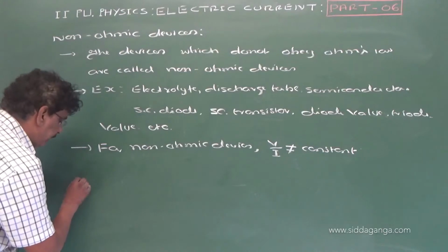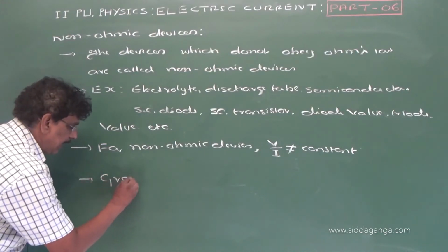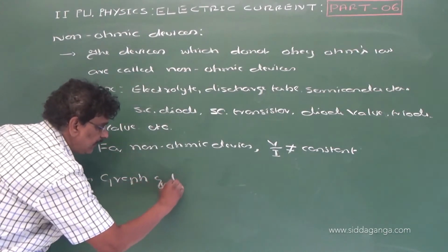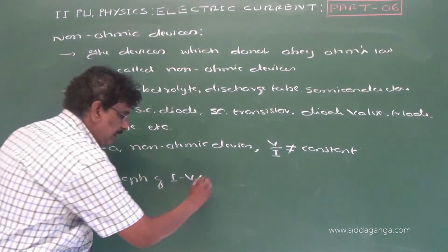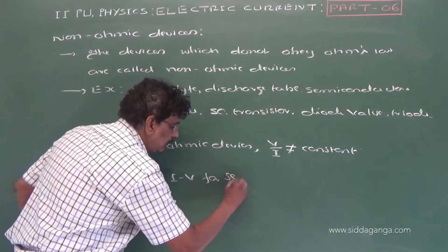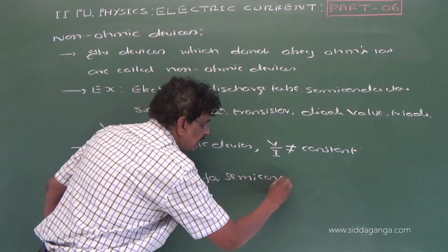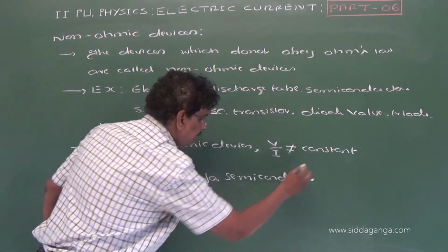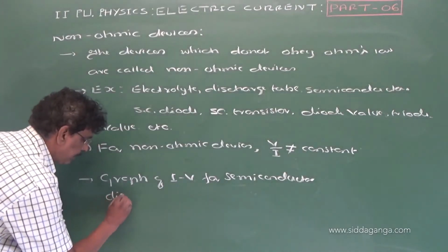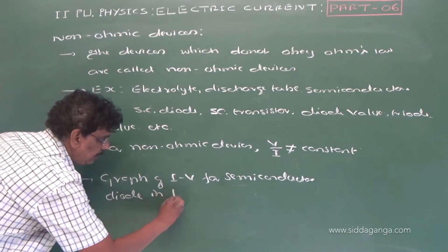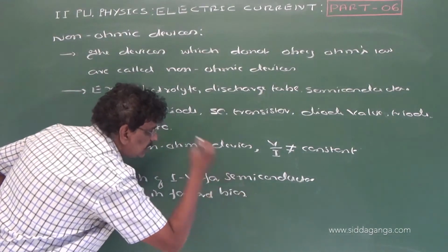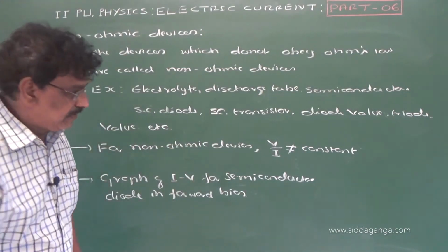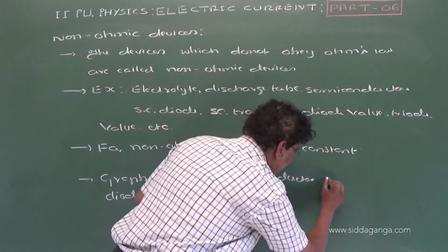When we plot a graph of current against voltage, I will take here a semiconductor diode in forward bias. Semiconductor diode in forward bias, I will obtain a curve like this.